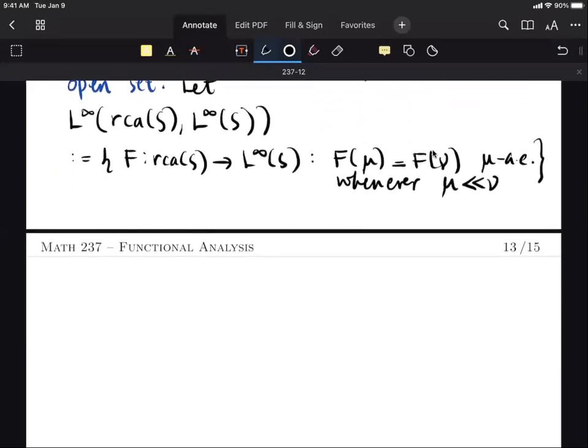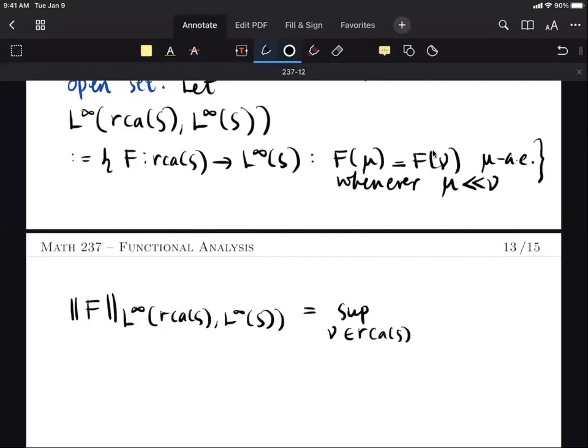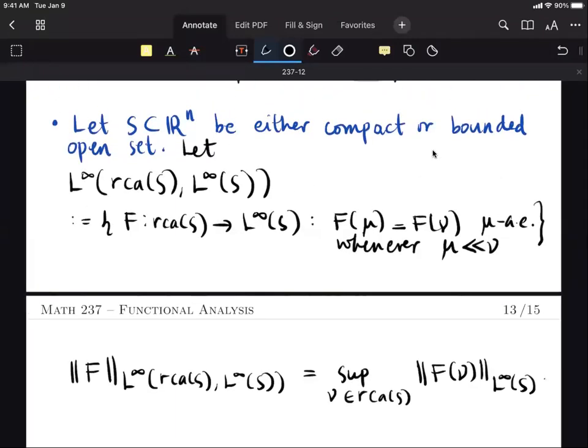And we define the norm as follows. This is the sup over all nu in RCA of the norm of f of nu, which is now in L infinity S. So this function space consists of functions defined on RCA into L infinity of S.